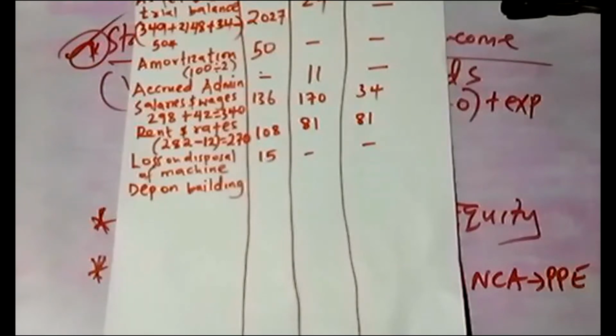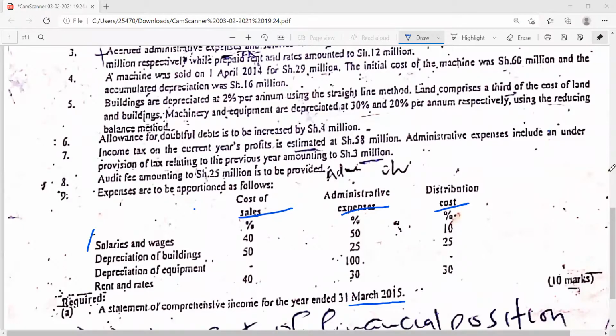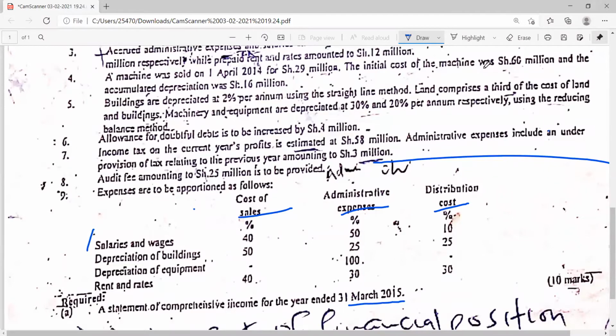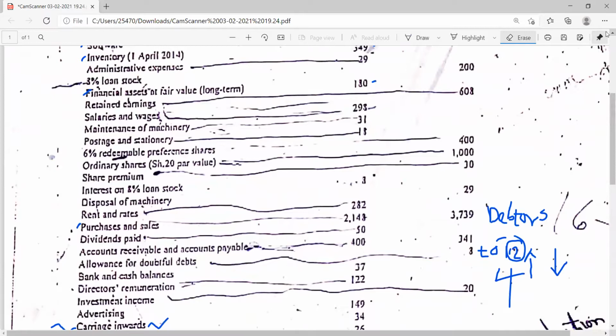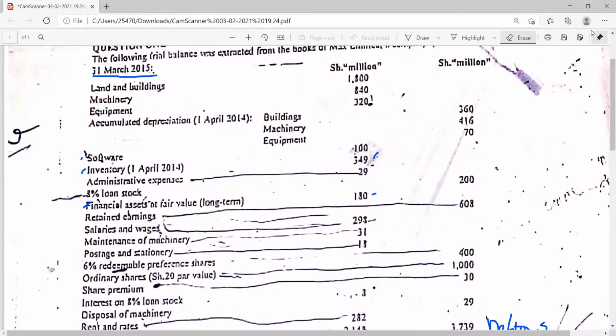What you have in this question is all about land and building, so the 1,800.